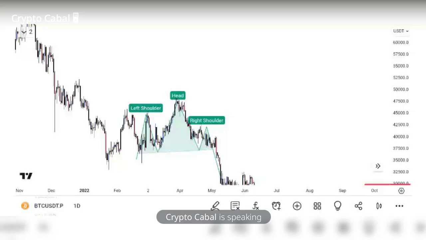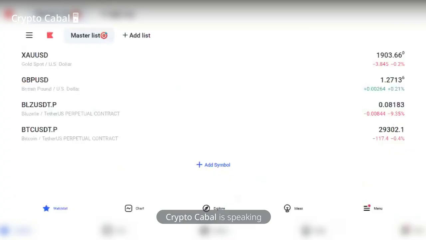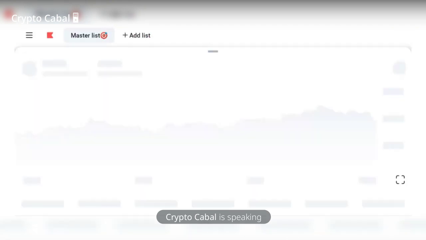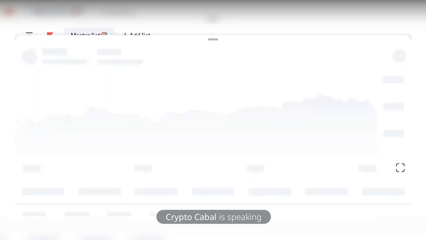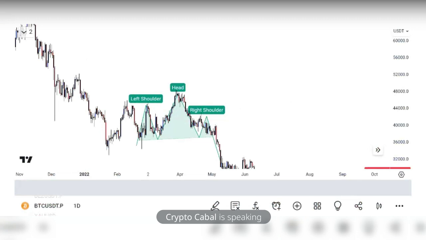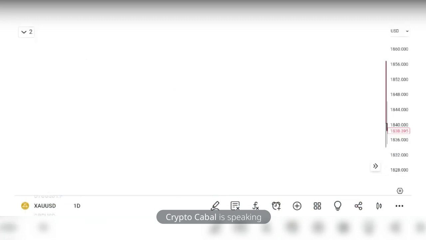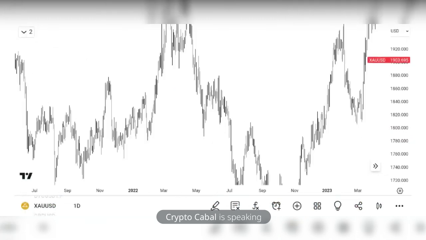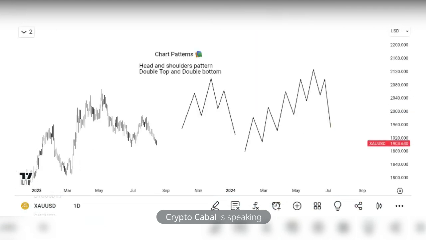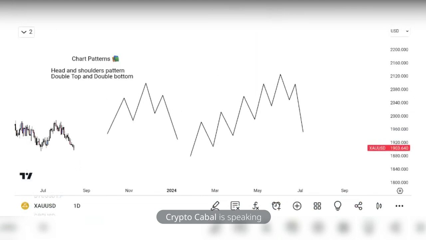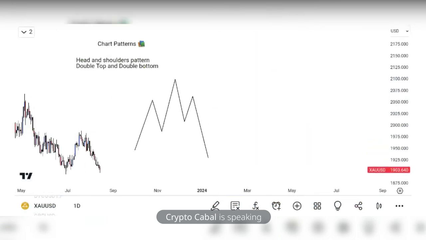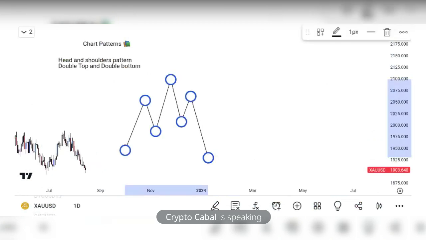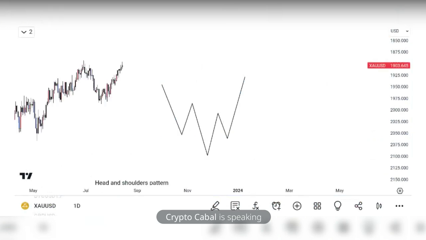Now, quickly, with this same head and shoulder pattern, we have another one that is called the inverse head and shoulder pattern. When we are talking about something that is inverse, you actually know what it means. It's the opposite of the head and shoulder pattern. This one is facing up, and this one is down, upside down.